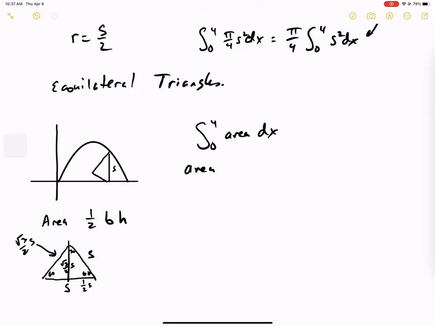Of course. So to find the area of this triangle, 1/2 base, the full base is s. The height is square root of 3 over 2 s.